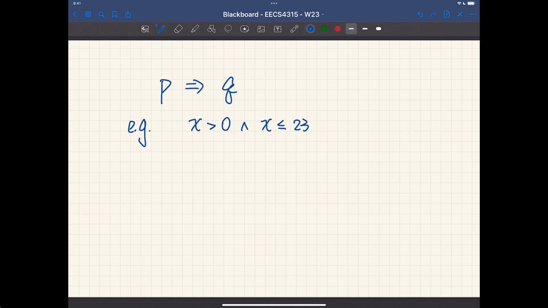We have that implies Y larger than or equal to 23, or Y strictly less than 46.